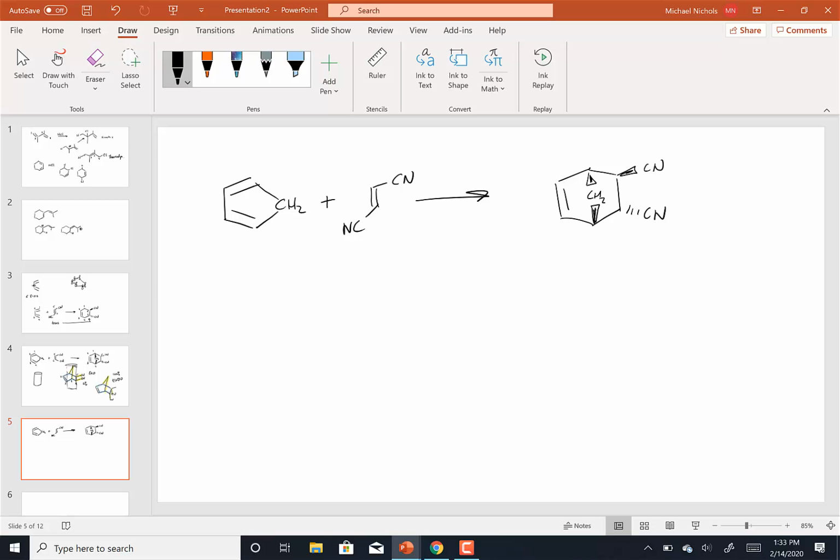That is just the product. There's no endo or exo with that. Okay. And then that structure would look like this. One CN equatorial, one CN axial.